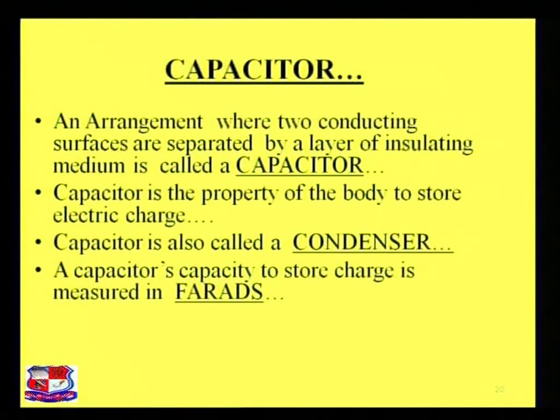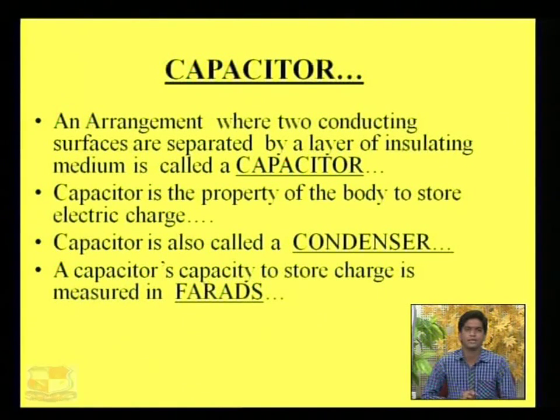So what is a capacitor? A capacitor is defined as an arrangement where two conducting surfaces are separated by a layer of insulating medium. It means there are two plates between which a dielectric material or insulator is placed. That arrangement is known as a capacitor. What does a capacitor do? A capacitor normally stores electric charge.